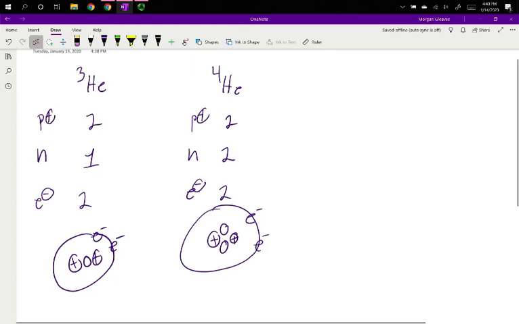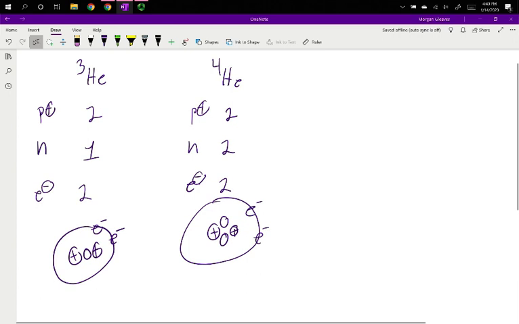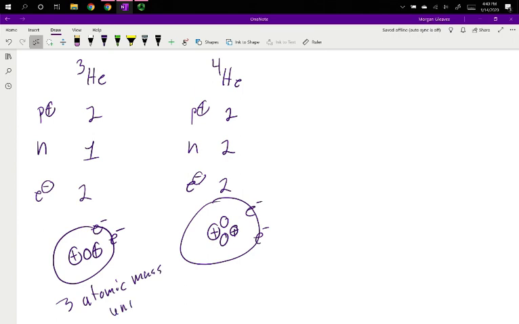So when we look at these two, we think about helium-3 as having 3 atomic mass units, where helium-4 has 4, and we shorten them to AMU, atomic mass units.